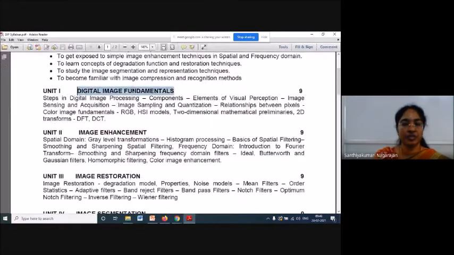In the first unit, we are going to see the digital image fundamentals. There you will see the steps involved in digital image processing, the components which help for digital image processing, and the elements of visual perception. So the entire information is an image, and as humans we need to perceive and view that information.